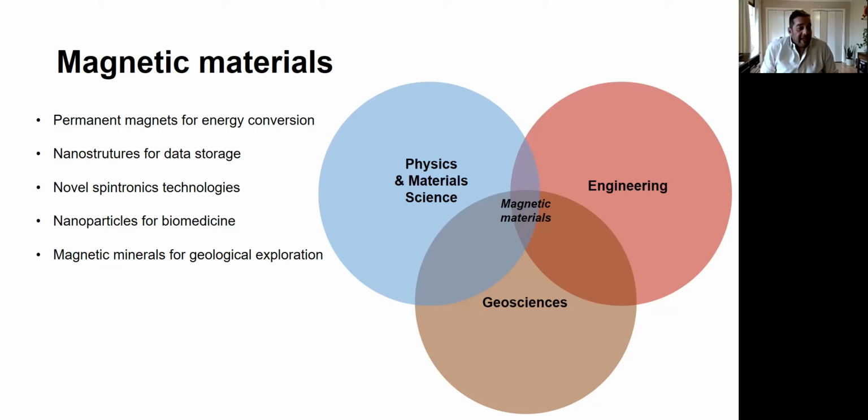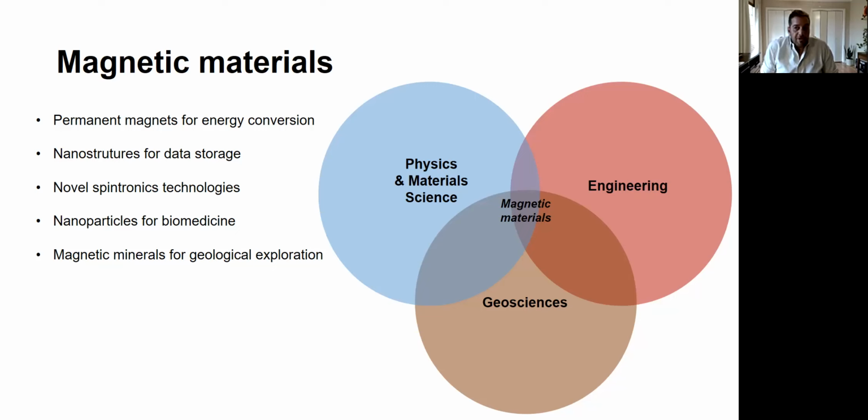You need magnets for data storage in your hard drive, in a computer, for example, or other logic devices. And also, magnets are widespread in biomedicine for either imaging or for treatment, and there are new applications being studied, and also for geological and space exploration.